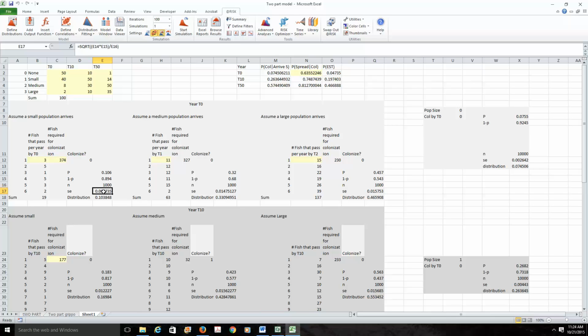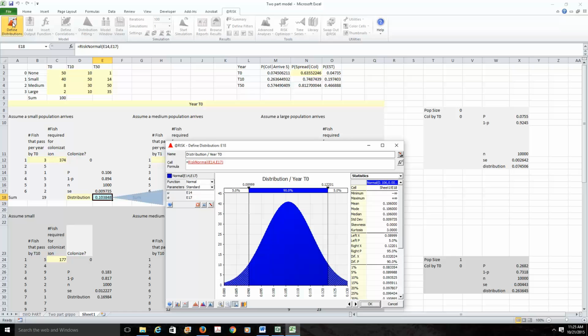I calculate the standard error of the population proportion. That's a very simple calculation. You can see it up here in the formula bar if you're interested. This standard error and this estimate of the proportion, together with the sample size, tell me that the sampling distribution is a normal distribution. It has a mean of 0.106 and a standard deviation of 0.009.